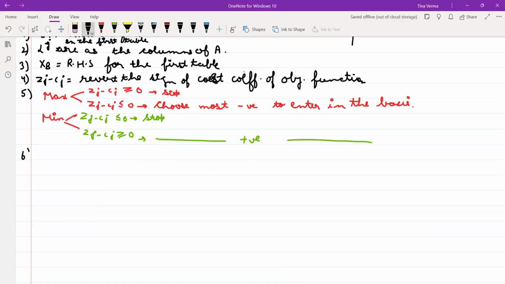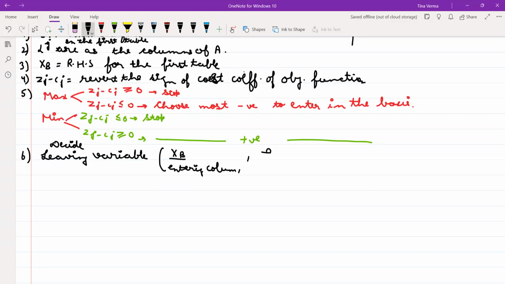When you choose your entering variable in the basis, then one has to leave the basis. How will you decide your leaving variable? You are dividing xb by the entering column, and the entering column entry should be greater than 0.